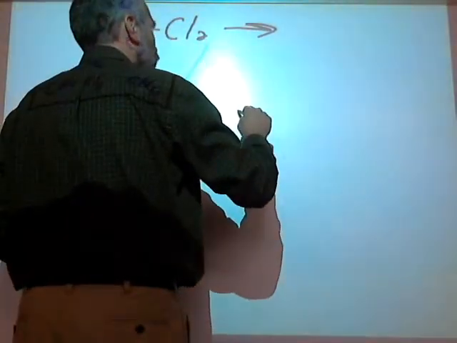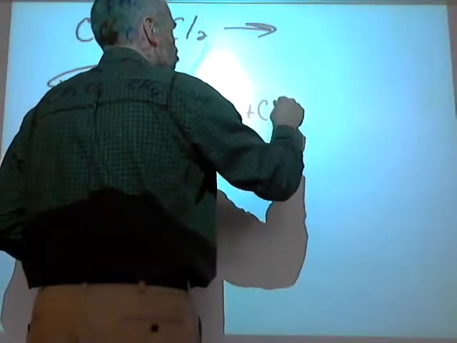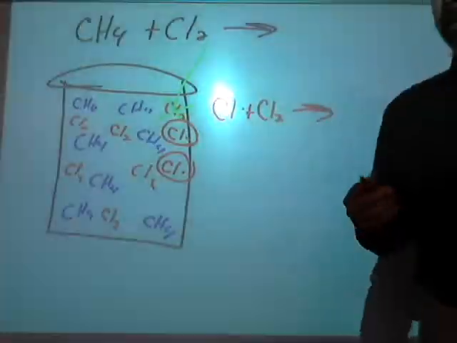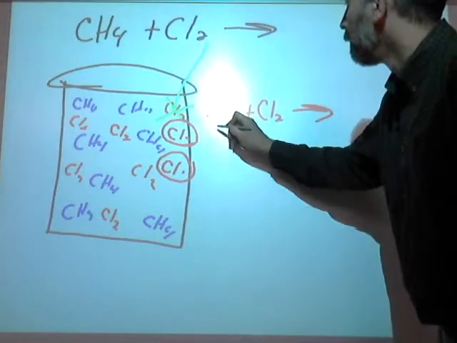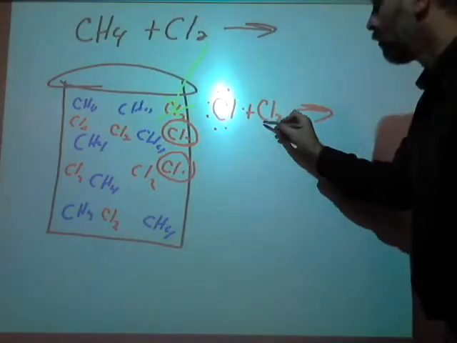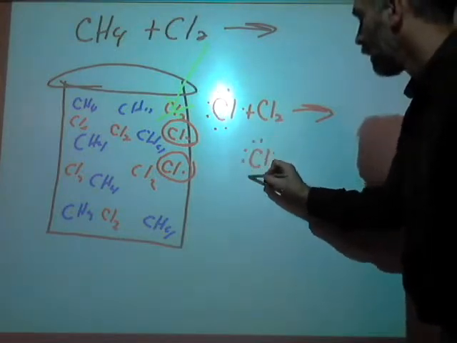Because if I take a chlorine free radical and bang it into a chlorine molecule, here's what will happen. Here's a chlorine free radical, and here's your chlorine molecule drawn out.